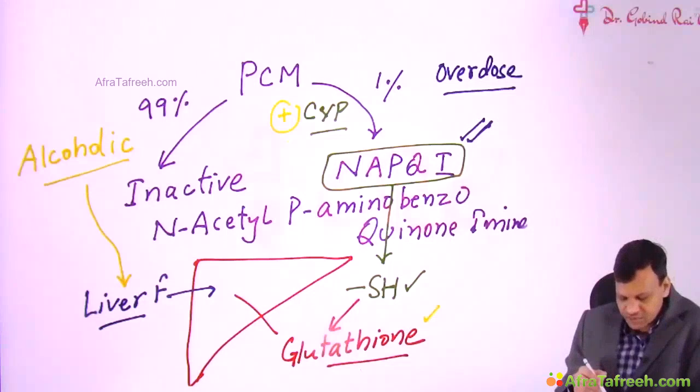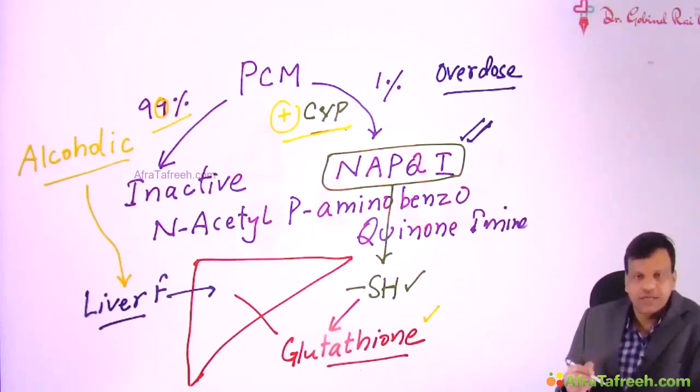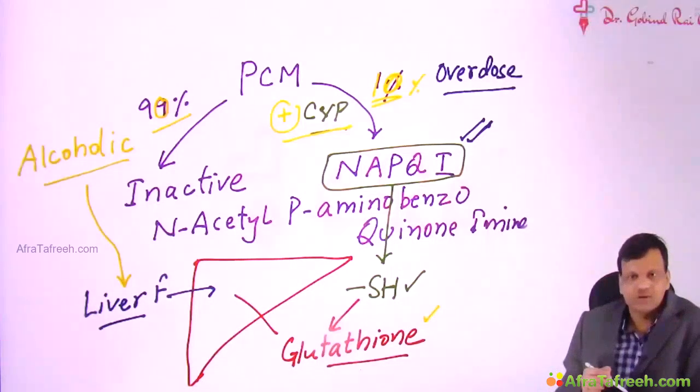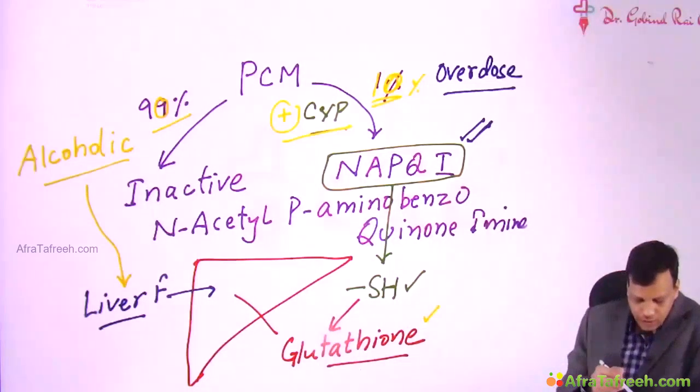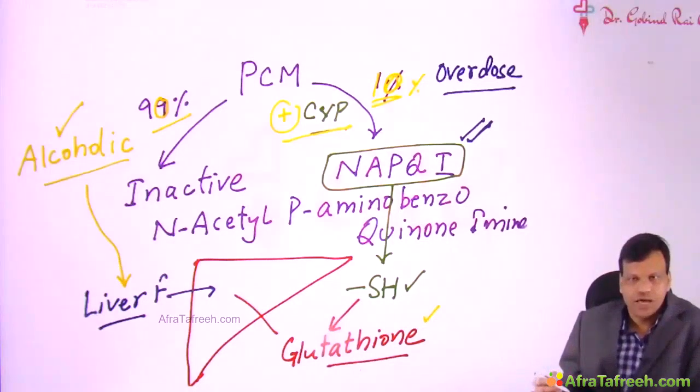But if CYP is induced, this ratio can change. So instead of 99%, 90% will form inactive compound, but instead of 1%, 10% can form NAPQI. So the same amount of paracetamol generates more NAPQI, and NAPQI cannot be neutralized because the liver is not working properly and less glutathione is produced. So chronic alcoholics are at increased risk of toxicity to paracetamol as compared to a normal person.